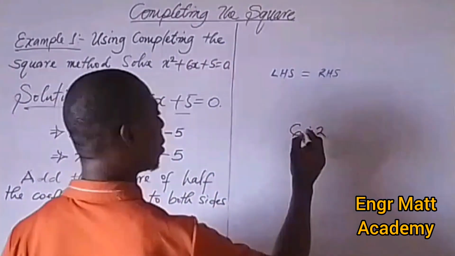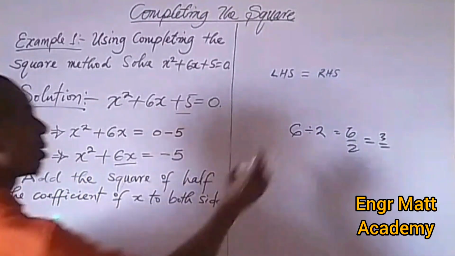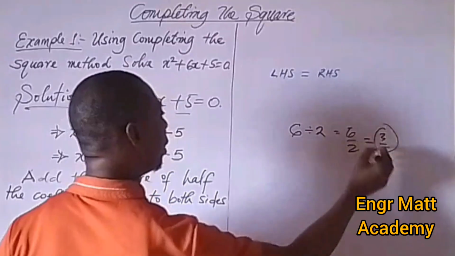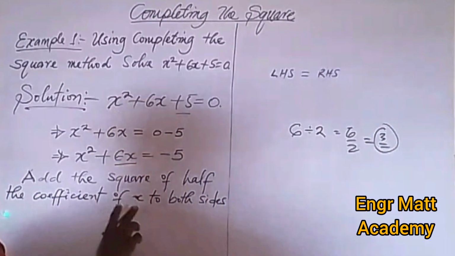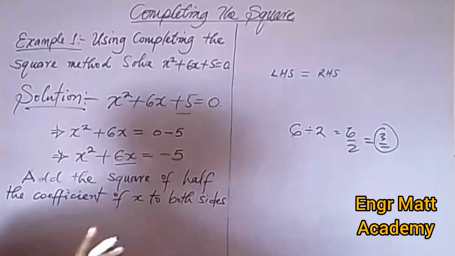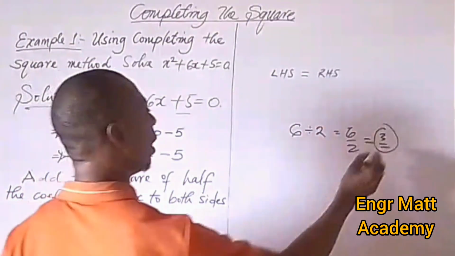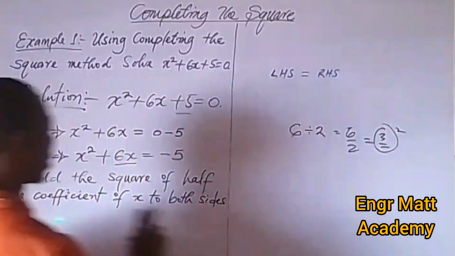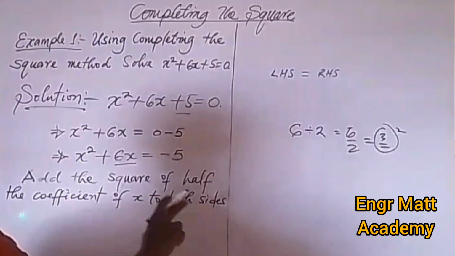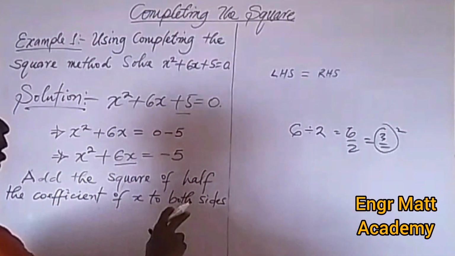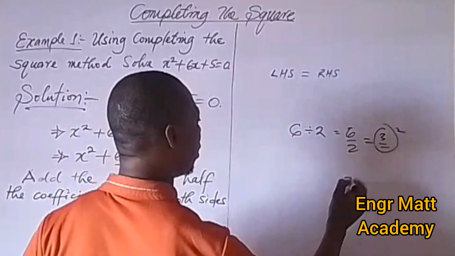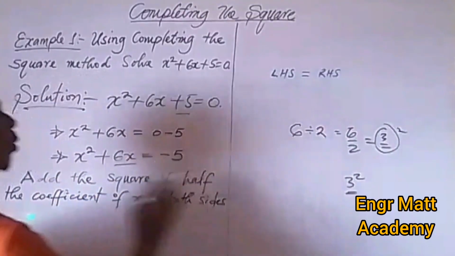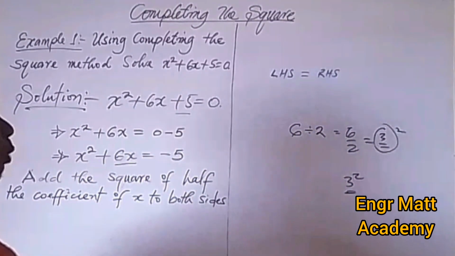Half of 6 is 6 divided by 2, which is 3. So 3 is half of the coefficient of x. But we are not only interested in half of the coefficient, we are interested in the square of that. The square of that is 3 squared. So we are adding that to both sides of the equation.